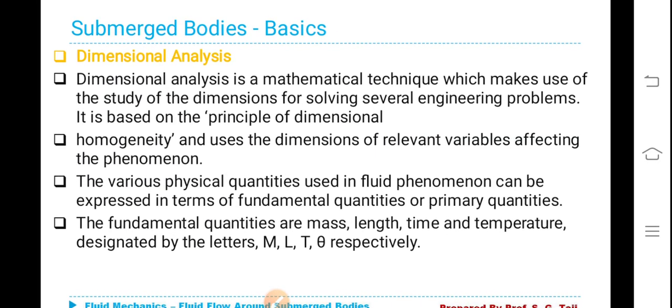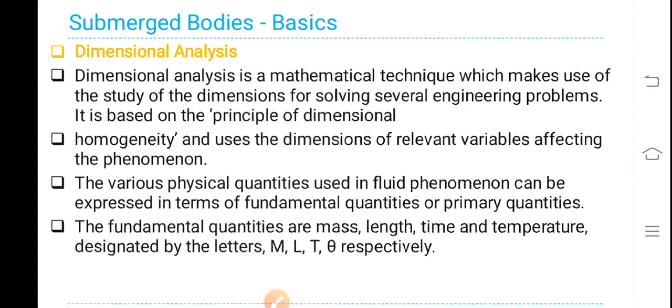Dimensional analysis. Dimensional analysis is a mathematical technique which makes use of the study of the dimensions for solving several engineering problems. It is based on the principle of dimensional homogeneity and uses the dimensions of relevant variables affecting the phenomenon. For example, length. How will you analyze with the dimension? What is the dimension for length?